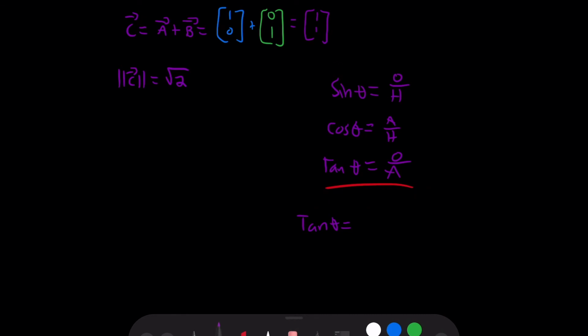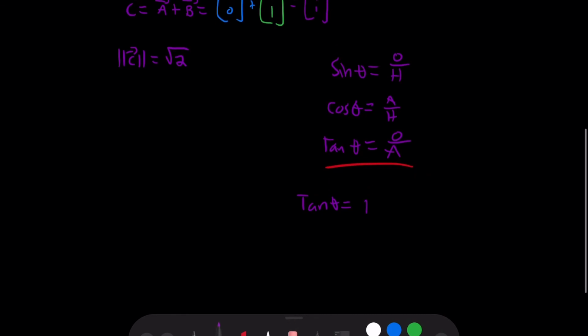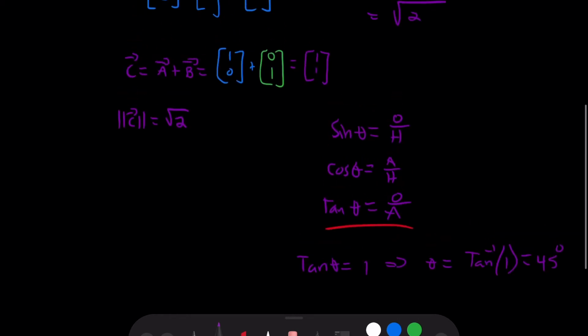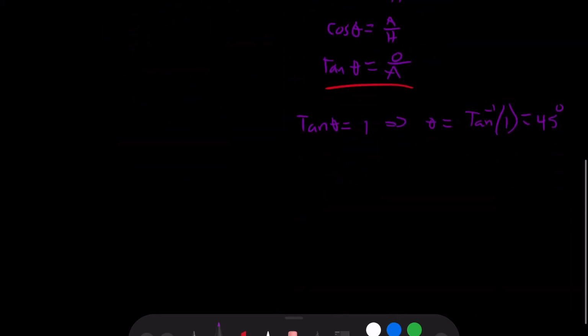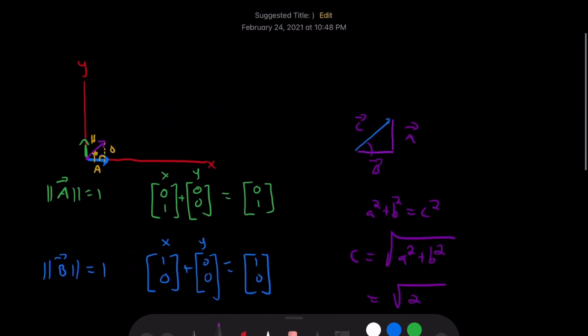Tangent of theta is equal to 1, so that means theta is equal to tan inverse of 1, which should just be 45 degrees. I know that off the top of my head. Okay, cool, so we've got that.